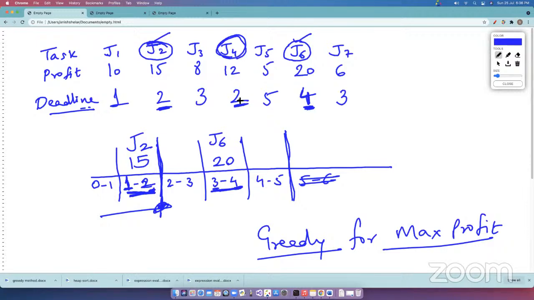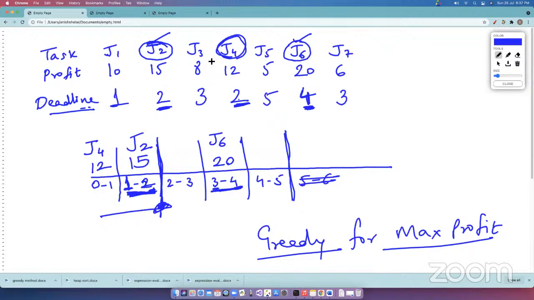Look at this vertical bar. You can't do it after 2, isn't it? But then there is already a job sitting here between 1 to 2. So what? You can do this J4 over here between 0 to 1. Yes, because its deadline is 2 and you're doing it well before 2, isn't it? So you are not violating the deadline of J4 also.